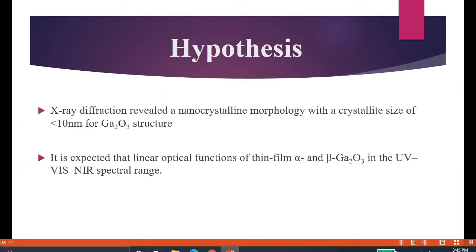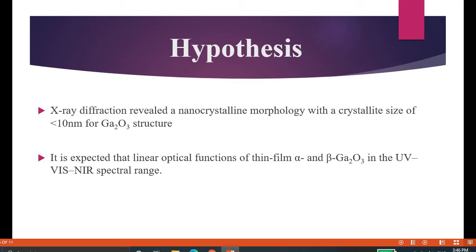As for the hypothesis, I have two points to mention, which are X-ray diffraction and also the UV-Vis and near-infrared spectral range. I can say that different fabrication techniques will affect the characterization of the gallium oxide thin film.